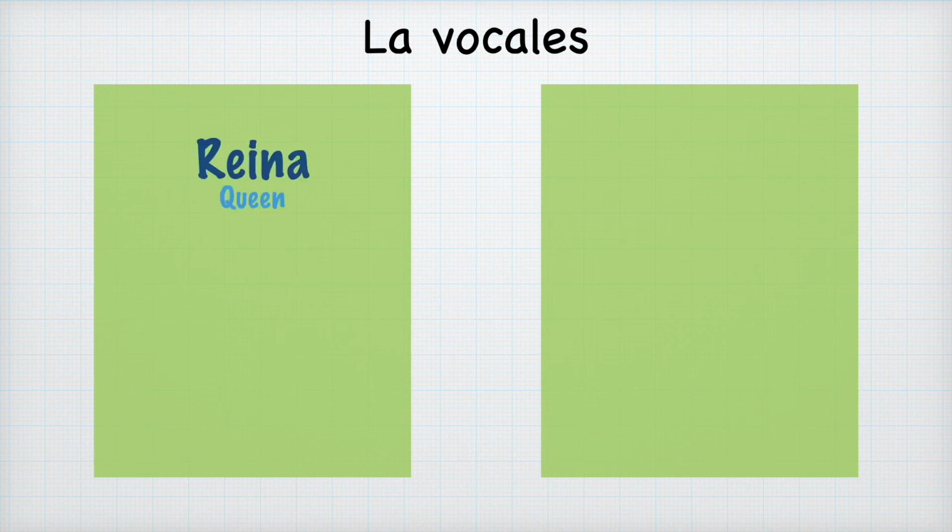For example, we have reina. It means queen. But the stress is going to be on the E because that's the strong vowel. Re, i, na. This is technically 2 syllables, and I explained why the I doesn't make a separate one in that video. But it's because one is strong and one is weak.